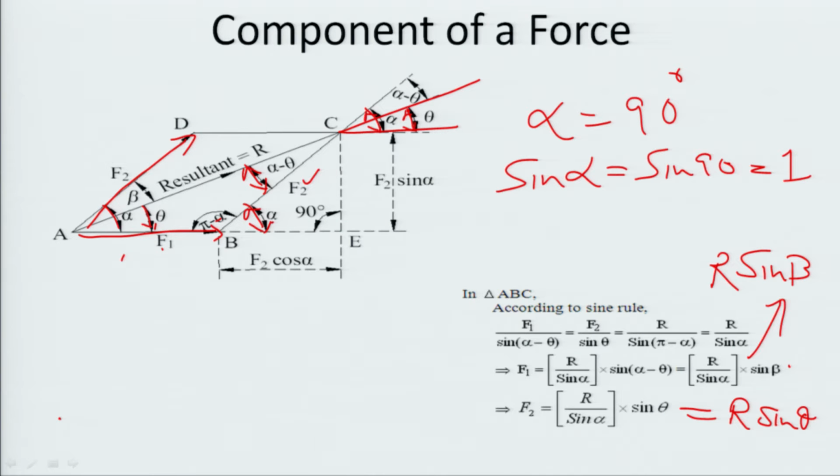And when this angle alpha is 90 degrees, what will be the values of theta and beta?